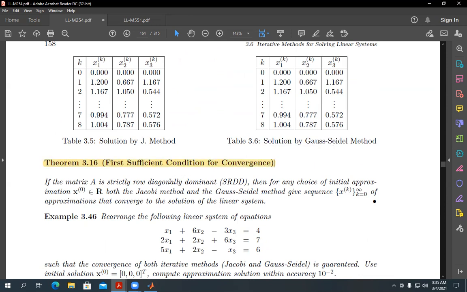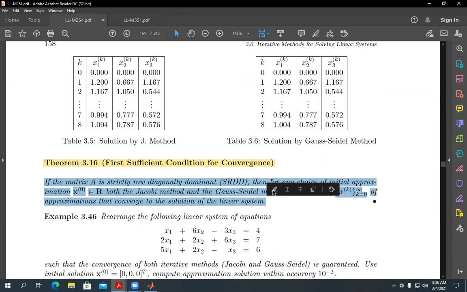You remember last time we did STD, strictly diagonally dominant. If your matrix is strictly diagonally dominant, then it is 100% guaranteed that both methods, Jacobi and Gauss-Seidel, converge.